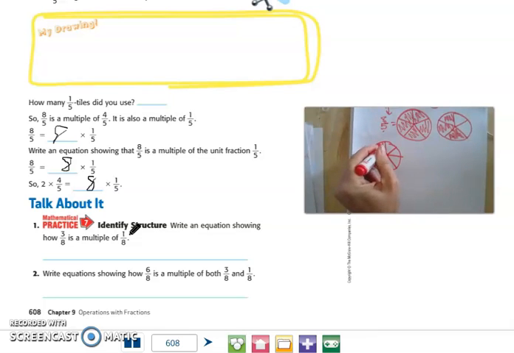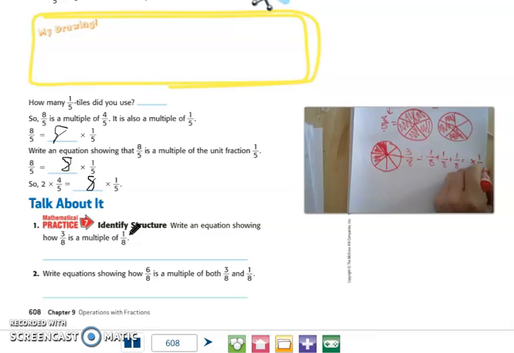We're going to shade that one in to make up for my mistake. 1/8, 2/8, 3/8. So that's 3/8. And how many 1/8 sections is it? 1, 2, 3. 1/8 plus 1/8 plus 1/8, which would also be written as a multiplication equation, 1/8 3 times. Make sense? So that's how you'd write that one.